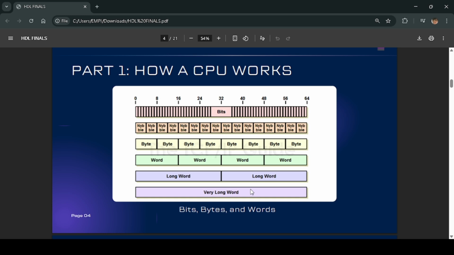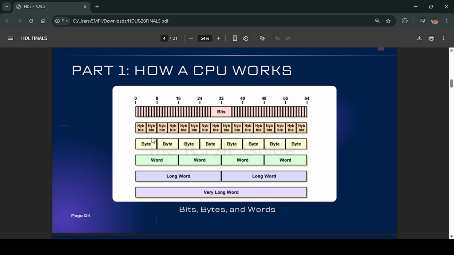Next are the bits, bytes, and words. While a single bit is powerful as a concept, it's practically useless alone. So, to represent meaningful data, we group them.